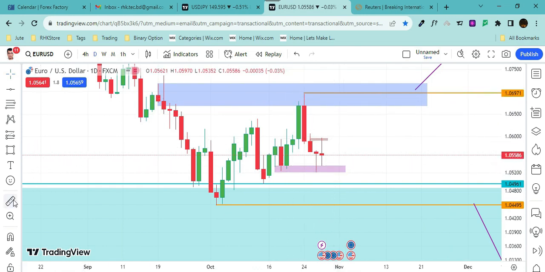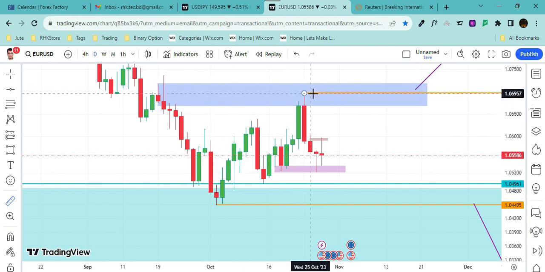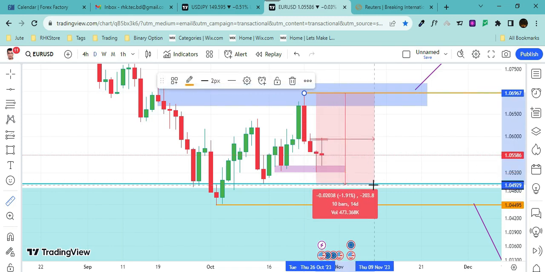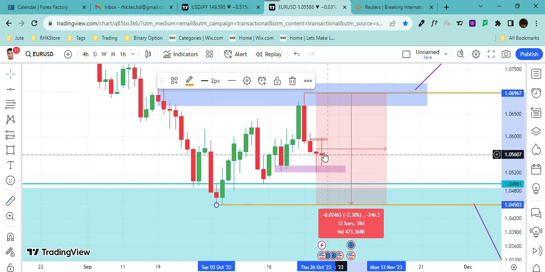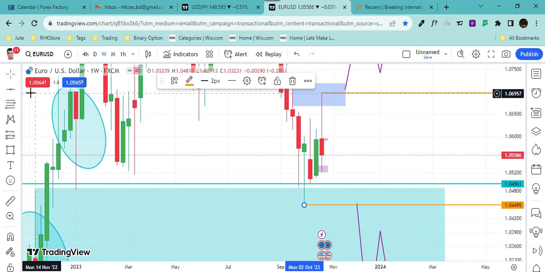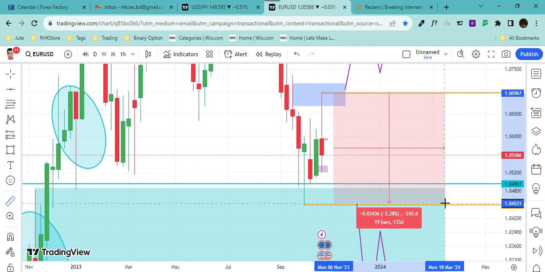It came and it did, if you can see, it has covered its 50% already, and more than 50%. And if we go to week, we can see exactly where we are standing now. It is more than 50%.